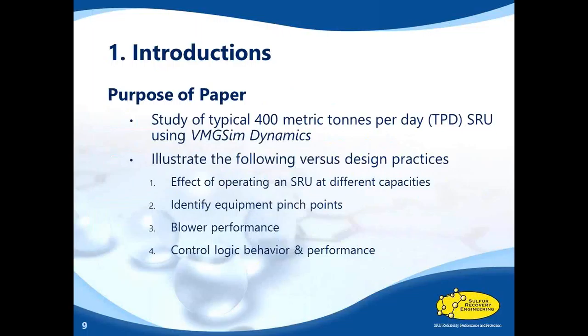We're investigating 4 items in particular with the various dynamic simulation cases. 1, the effect on the SRU's processing capability. 2, identify any equipment pinch points. 3, observe the blower's performance. And 4, comment on the control logic's behavior and performance.